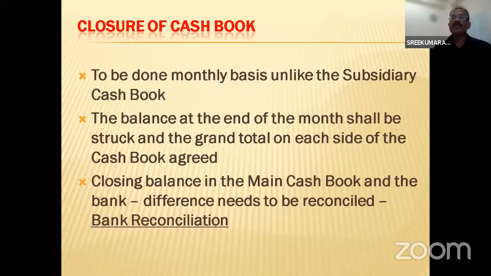But whenever there are many transactions, the closing balance need not be the same. In such situations, we have to find out why it is not tallying. That is why in our accounts parlance, we say bank reconciliation.